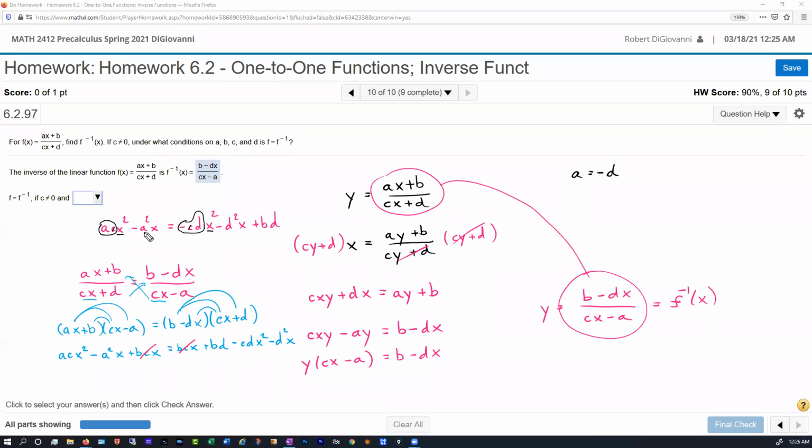Now, similarly, if we look at the x term right here and the x term over here, I would need that the number in front of x here, negative a squared, would have to be equal to negative d squared. So I would need that negative a squared must be equal to negative d squared. And then the last thing I need is that this right here, which doesn't have any x's, would have to match with whatever's on the left that doesn't have any x's, but there is nothing on the left that has no x's.